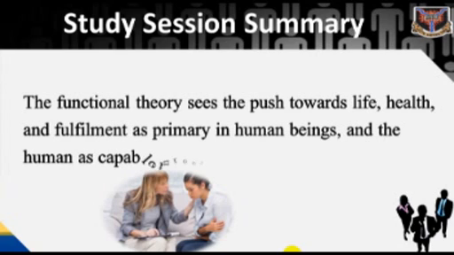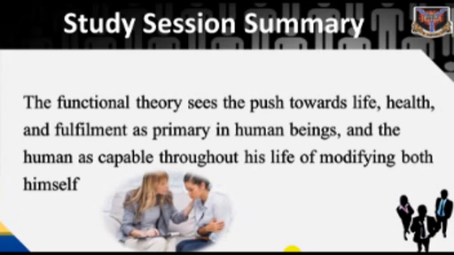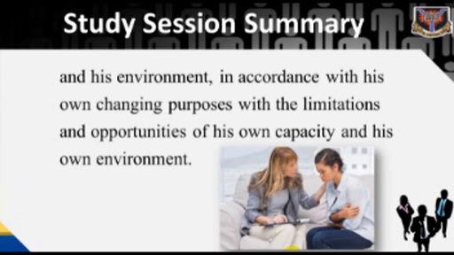The theory sees the push towards life, health, and fulfillment as primary in human beings, and the human as capable throughout his life of modifying both himself and his environment, in accordance with his own changing purposes, within the limitations and opportunities of his own capacity and his own environment. The functional theory sees people as not only responsible for their own future evolution, but capable of it.